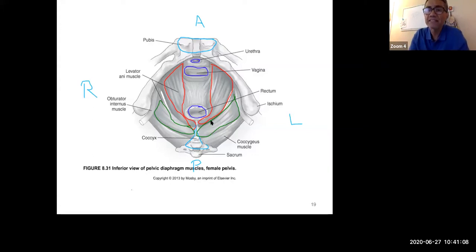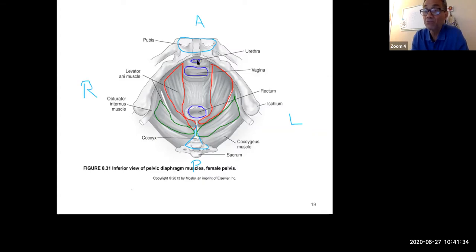That's exactly what happens over here. Everything in here will become what? Loose. What's going to happen? The rectum will protrude through the anus. We call it rectal prolapse. The uterus will protrude through the vaginal canal, and we call it uterine prolapse.